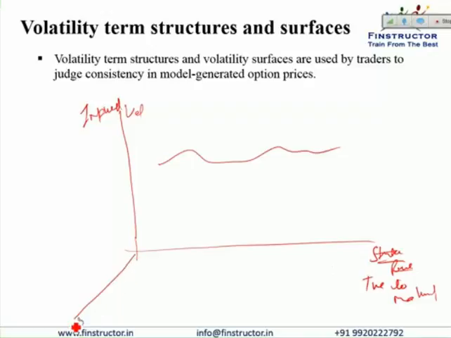Volatility surfaces can also be plotted. That is, how does the implied vol vary with the time to maturity and the strike price both. We've seen, for instance, that deep in the money short-term options have a higher implied volatility than deep out of the money long-term options, and so on and so forth. So this is a 3D graph.